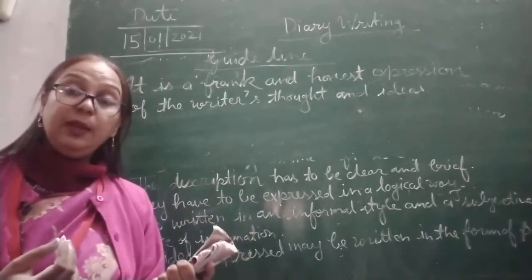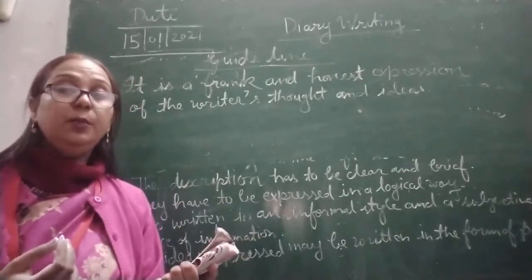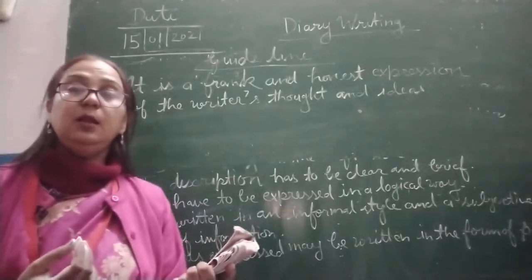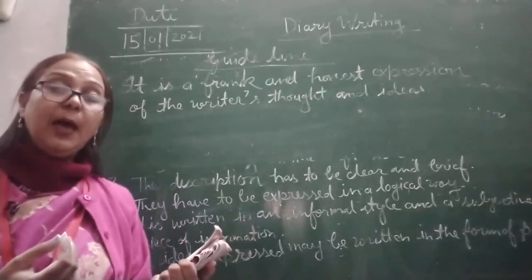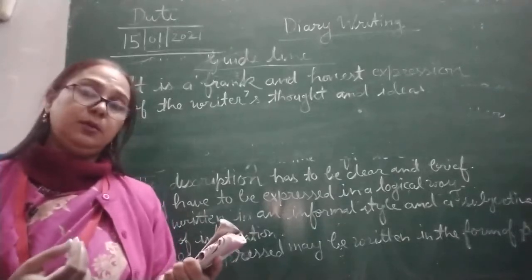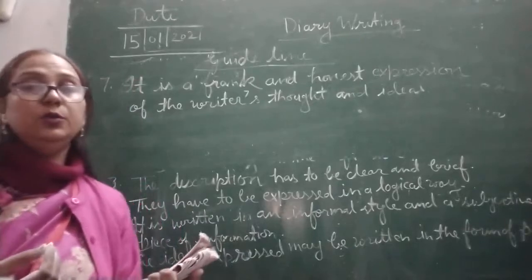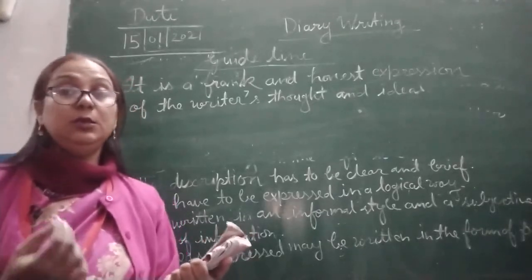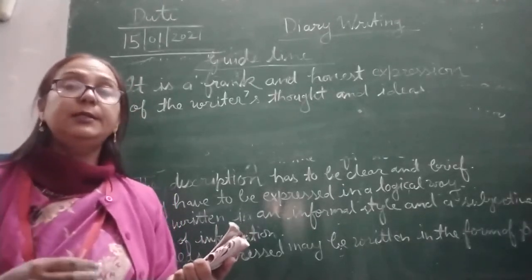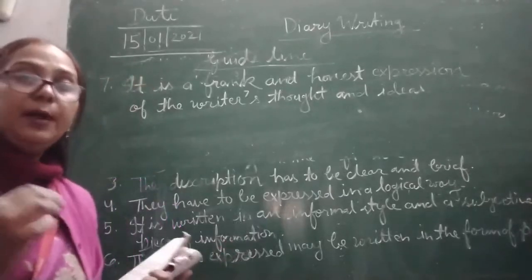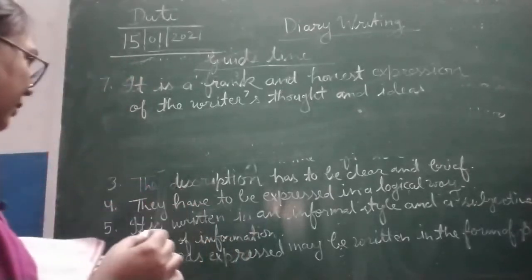So this is very important. Whenever you turn your page after a few years, you can see how bad or how good the situation was in your life. So you should be very honest, because it is your written account, your personal account. You should be very honest whenever you are writing a diary entry.